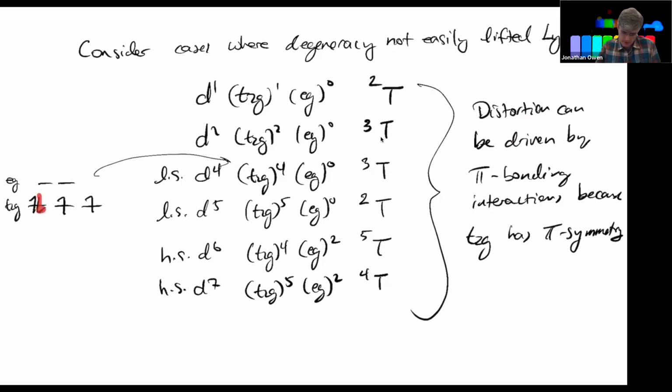There are three different places I can move that electron into those two other unpaired spots. And so that's where you're getting the three from. That's where I'm getting the T from. This number here refers to the spin multiplicity. It's the number of electrons that are unpaired.